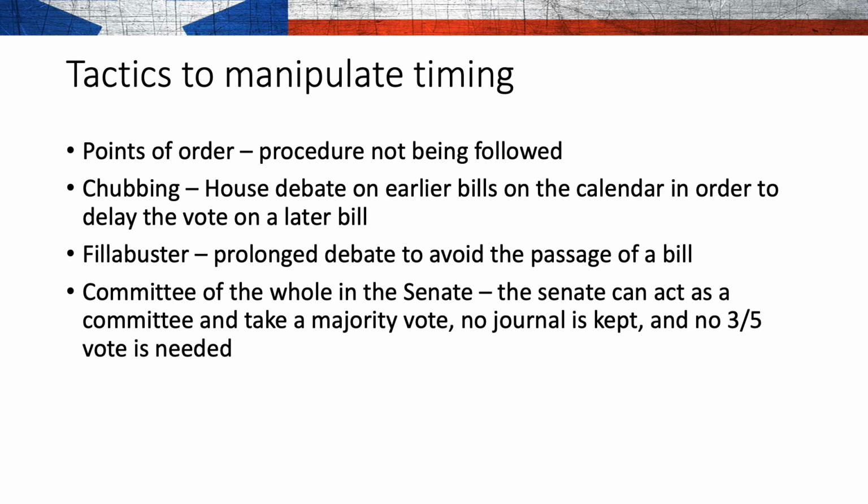So what that would be is the Senate would say, we are going to vote to meet as a Committee of the Whole, and then they only have to have a majority vote to pass a bill. And that's a way they can get a bill through quicker if they don't have the 3/5 majority, or the number of votes needed.